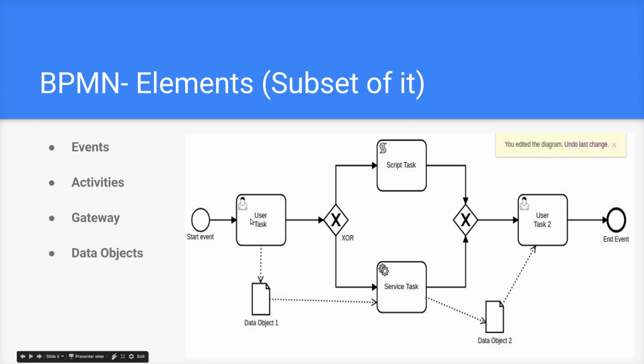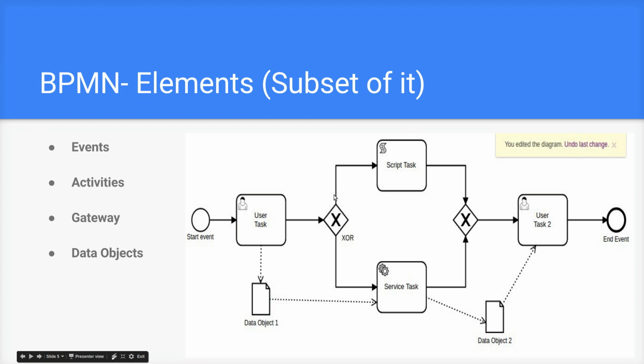And then if you see, there are also gateways. Here we will use only one gateway called XOR, which is also called the exclusive OR gateway, which is like a branching path. For example, what this means is the business process starts with a user task, and then we decide one of the two paths that this business process takes, and this will be based on some condition.